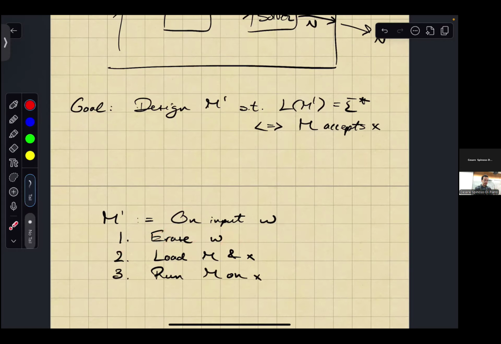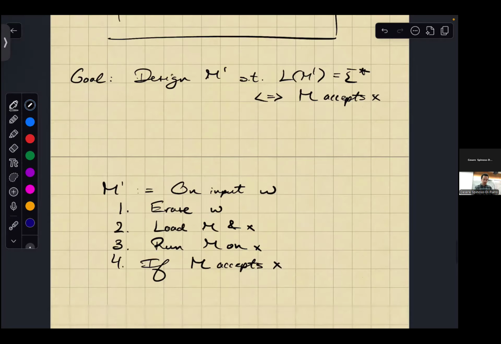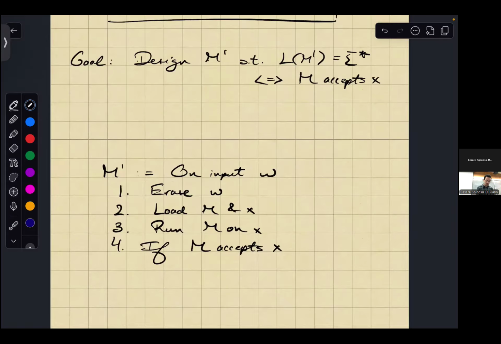And then M prime is going to say, if M accepts X, which is something that a Turing machine inspecting another Turing machine can do, because it just checks, oh, you got to an accept state, then the larger Turing machine, which received an input W, will accept W. So the Turing machine M prime will accept the initial input W.